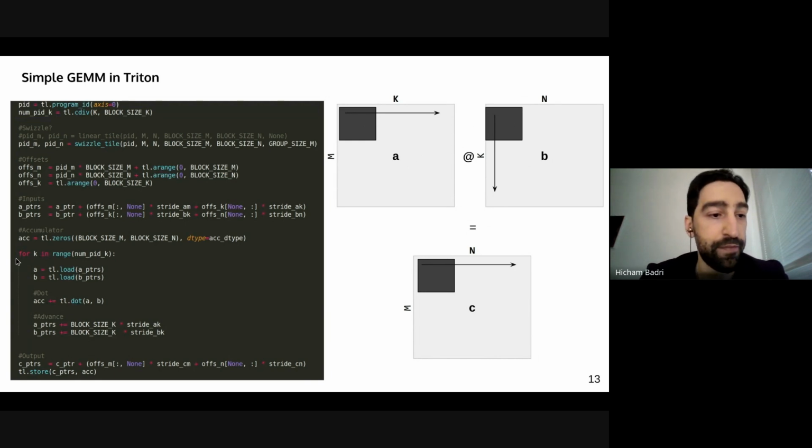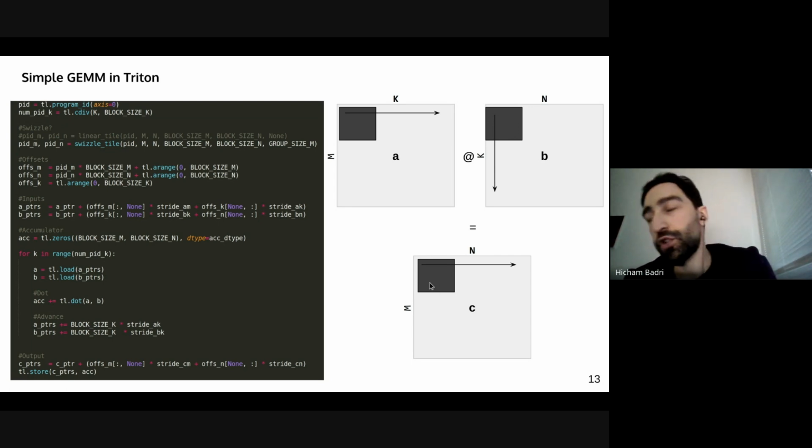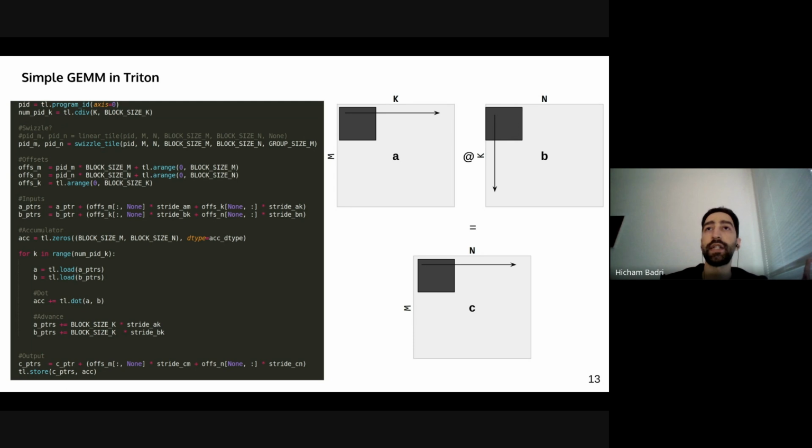So for k in range, we just load this chunk, do the dot product, and just accumulate, and then we get these blocks. Pretty simple. If you're not familiar with Triton or GPU programming, just think about it as: you take a big matrix, you split it into blocks, and you just run these block operations in parallel. It's that simple.